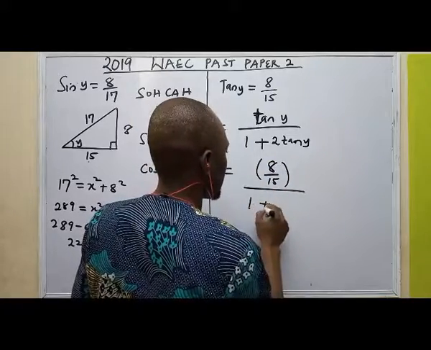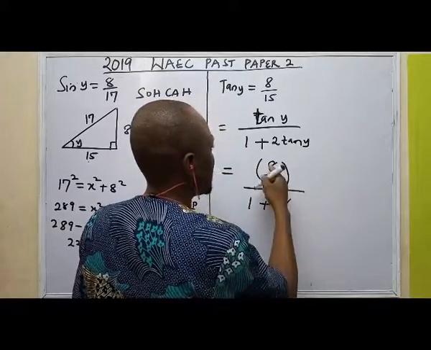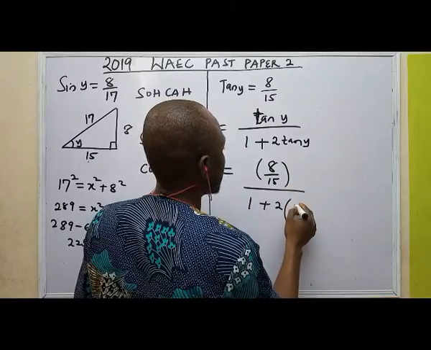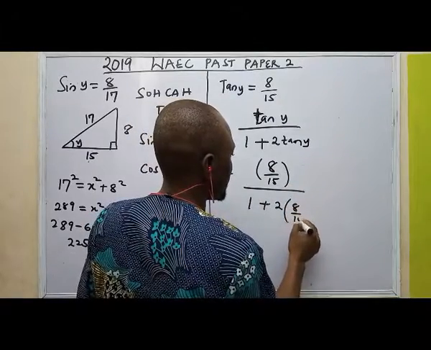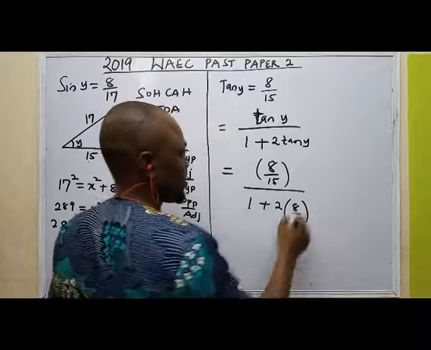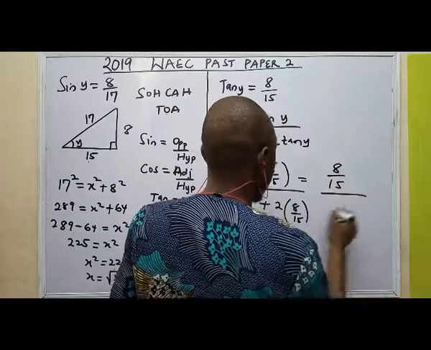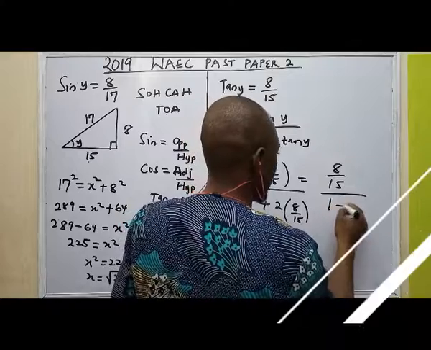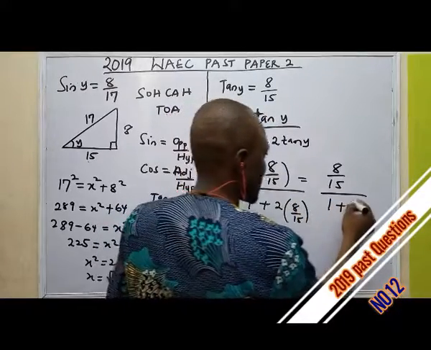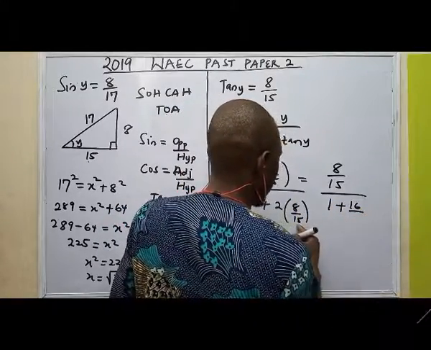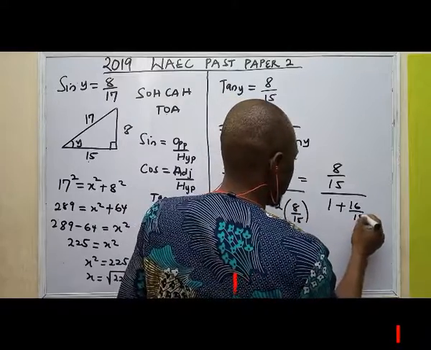So therefore, tan y is 8 over 15, divided by 1 plus 2 times 8 over 15. So I have 8 over 15 divided by 1 plus 16 over 15.